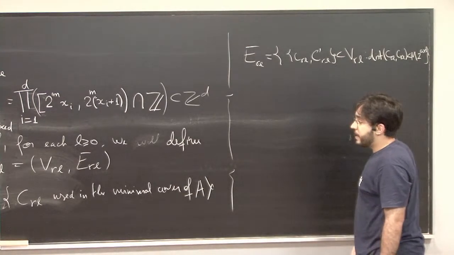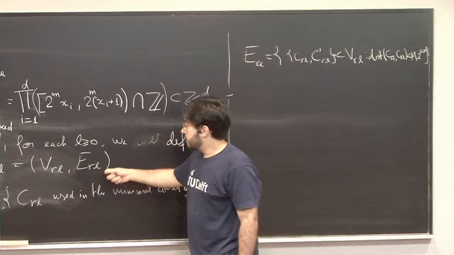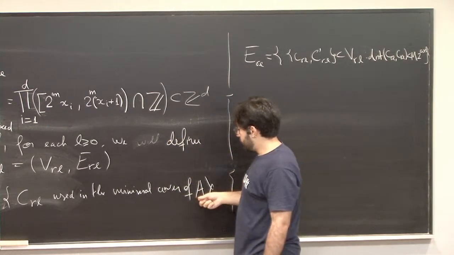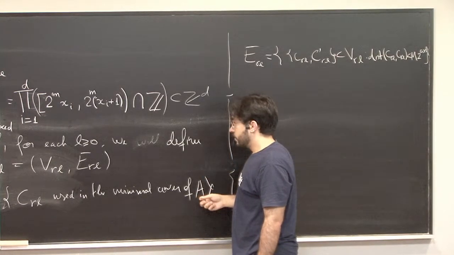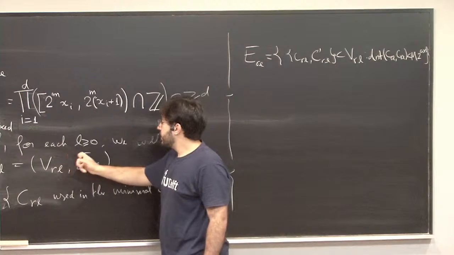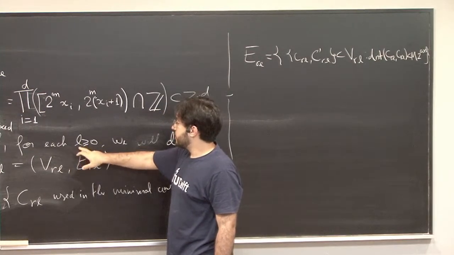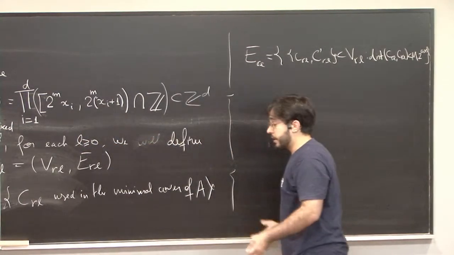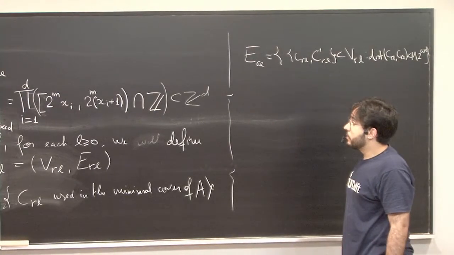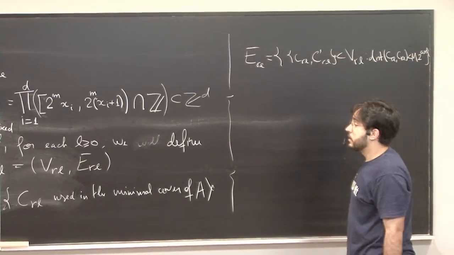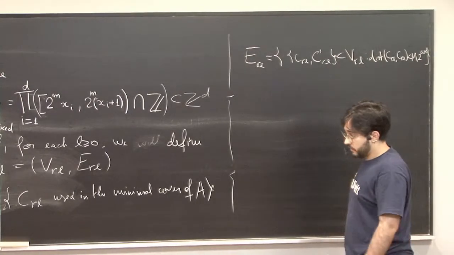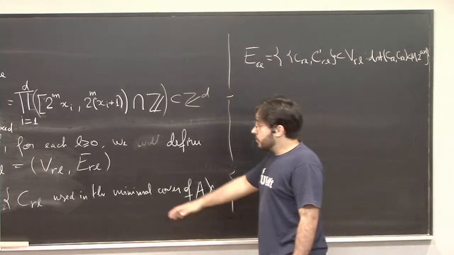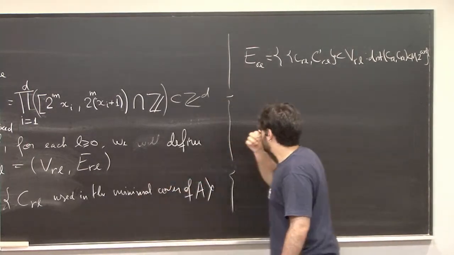Now we have a graph for each one of the scales, and notice that since the set A is finite, when I start increasing the scale indexed by L, eventually I will need only one cube to cover A. So eventually all these graphs only have one point. They are all trivial.